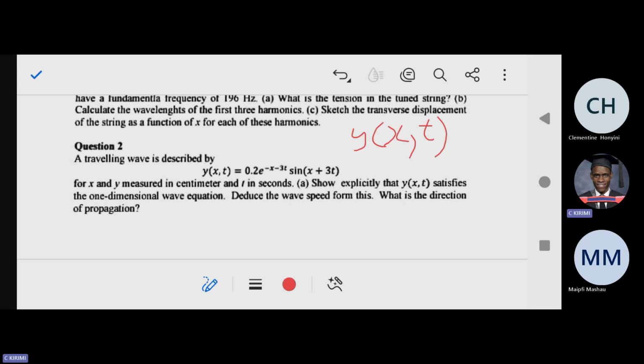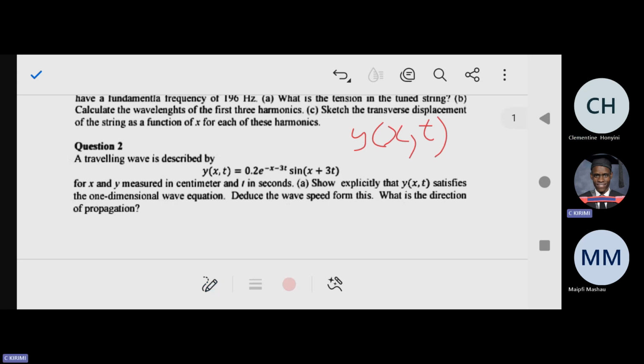They are all variables. So it's given by 0.2 e to the exponent minus (x minus 3t) sine (x plus 3t). That is the wave which you have been given here.